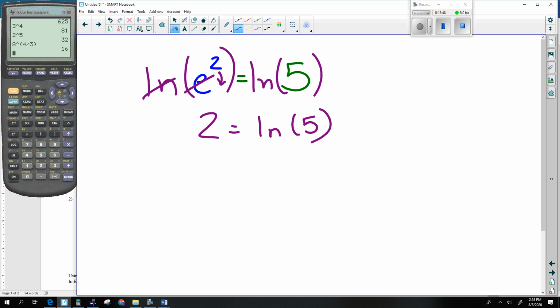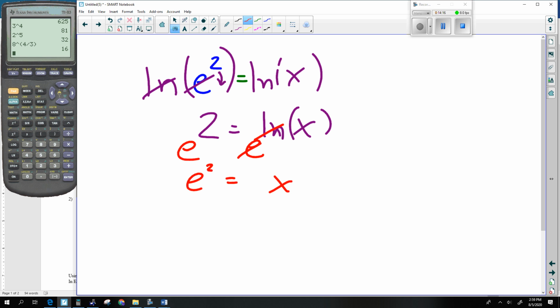And I know this is not correct, this is not true, but this is what we would do in this situation. Yeah, so that's what you would do. And vice versa. To get rid of an ln, you take it to the power of e. All right, so if I have the ln of x, I could take e. And so thus x is equal to e squared, right? Just like how the original equation would look. So natural logs and e's undo each other.